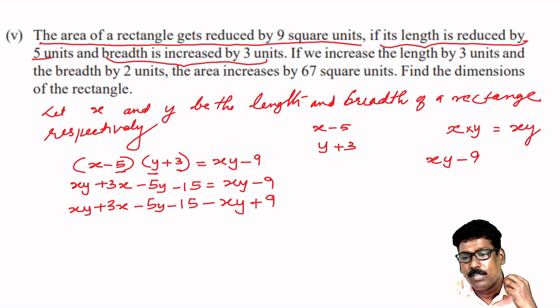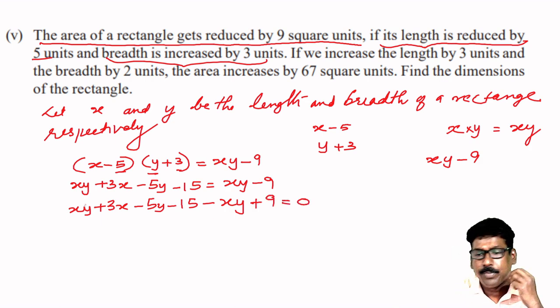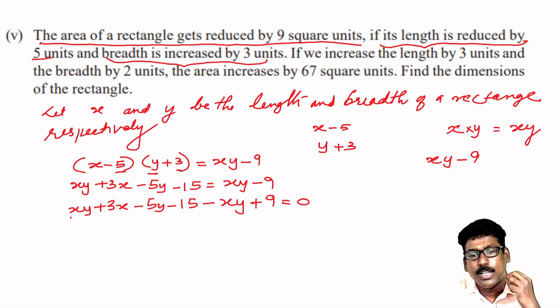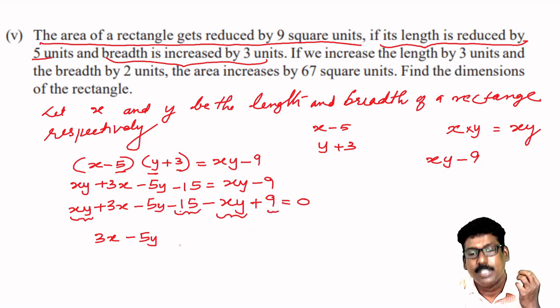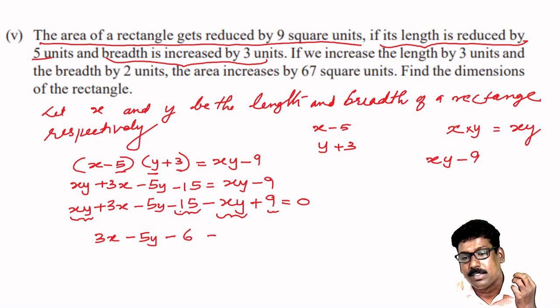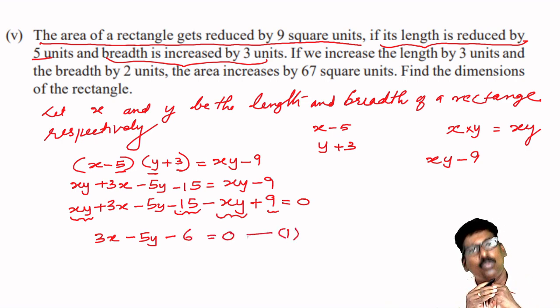Then minus 9 will become plus 9, is equal to 0. Now here you can see xy minus xy is equal to 0. Then you will get 3x minus 5y. Now minus 15 plus 9 is minus 6, is equal to 0. You can take this as equation number 1.